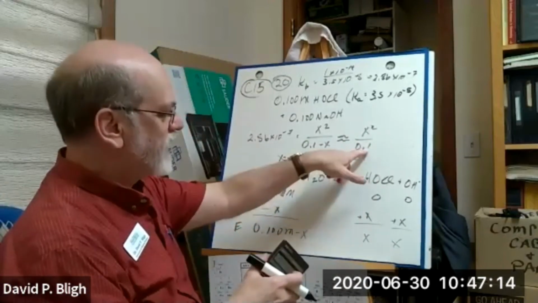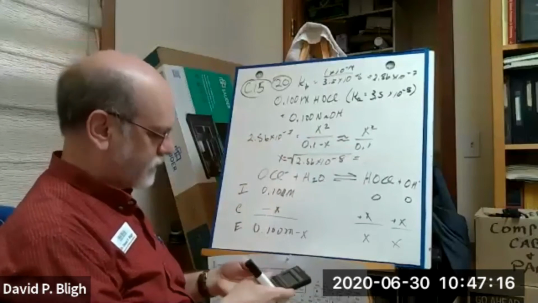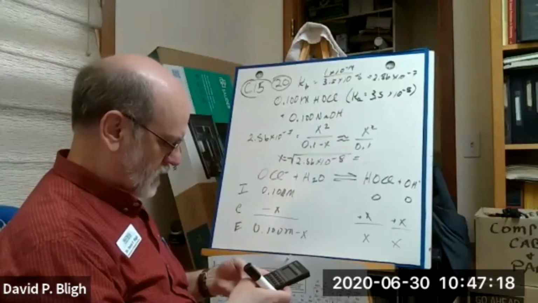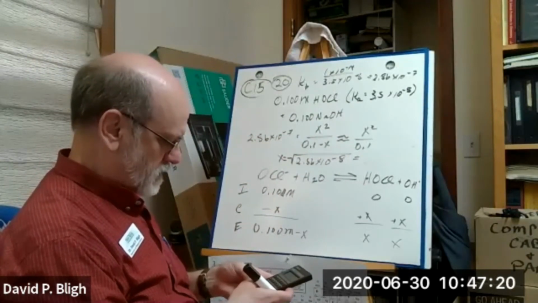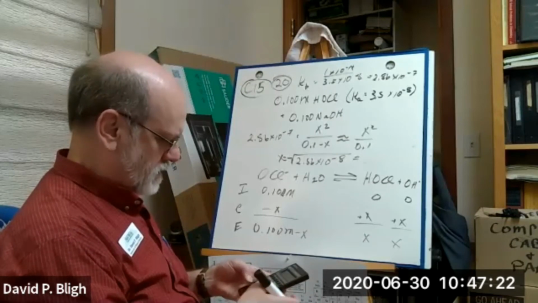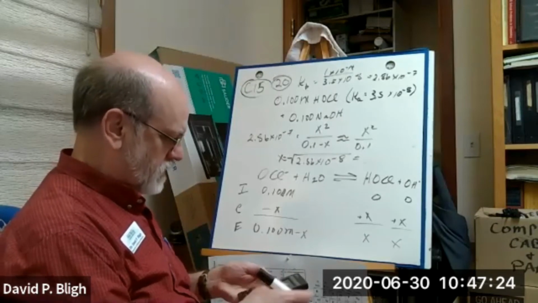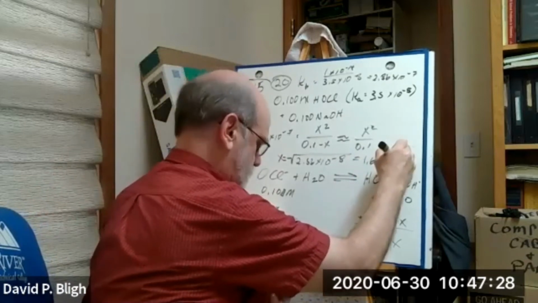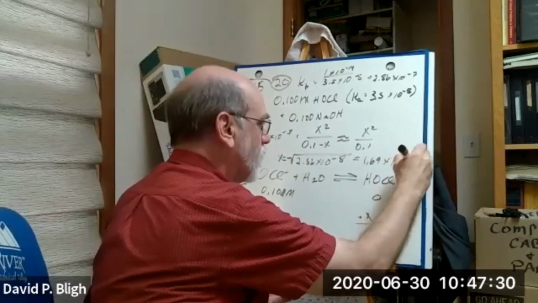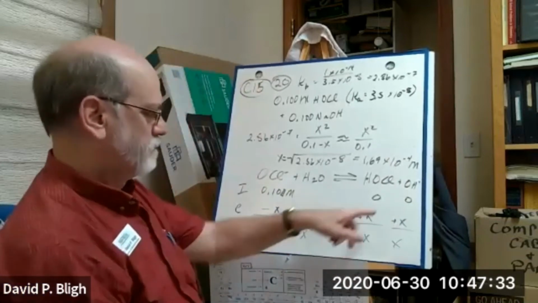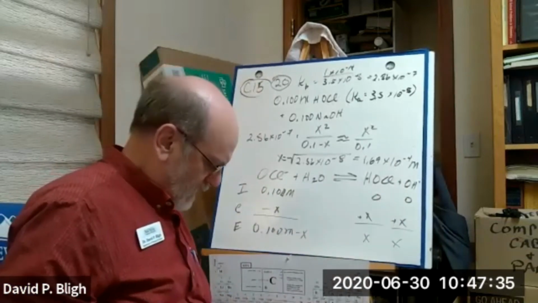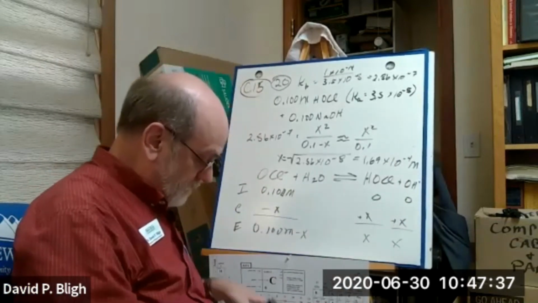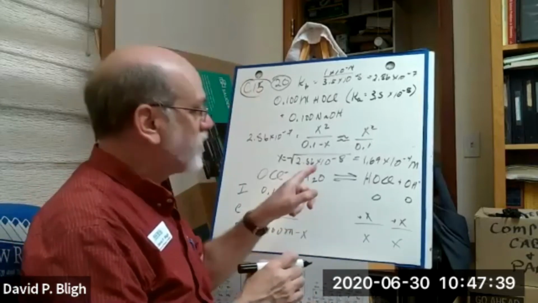Because we multiplied it times a 10th. Okay, and the square root, I get 1.69 times 10 to the minus 4 molar. All right, so that's the concentration of hydroxyls.